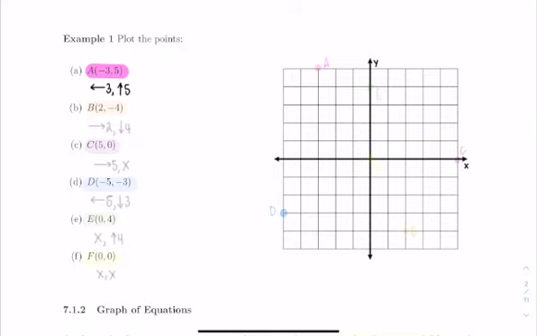The letter that's next to the ordered pair is just to make it easier to distinguish it on the graph once we're done plotting. So we're going to go to the left 3 units, and then we're going to go up 5 units. And so we have A.